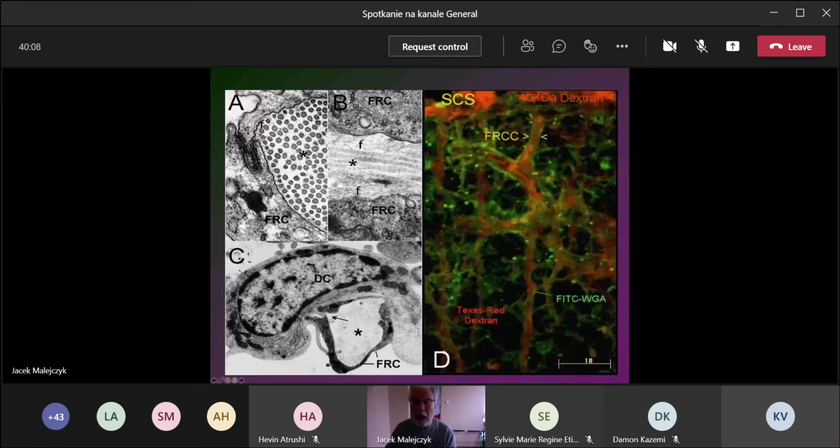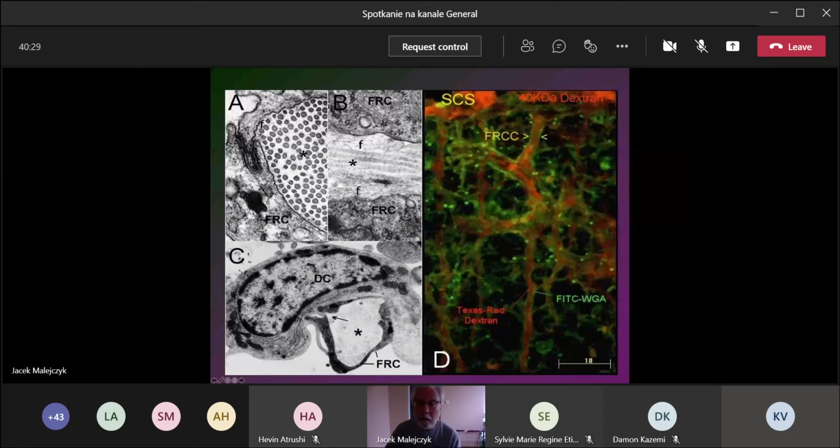Nevertheless, what we know is that the distribution of what goes to the lymph node is not random. It is distributed via a specific type of tubes, channels, let's say, which are formed by the fibroblasts of the stroma, like you see on this picture.